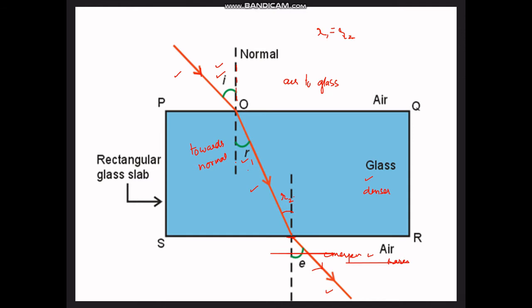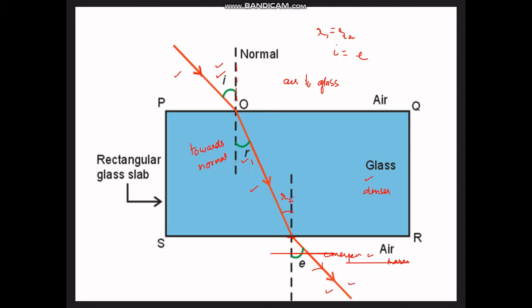Now, if you apply the principle of reversibility, that means when you consider this as the incident ray, then the light is going to trace back its path. So in this situation, what will happen? Angle I is going to be equal to angle E. You already know the principle of reversibility. For the time being, we had considered this as the incident ray.